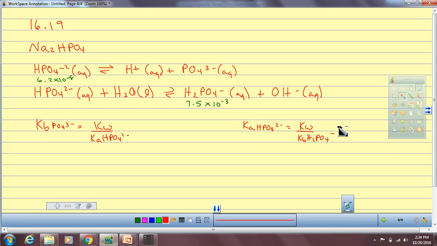So when we put our numbers in, Kb for PO4 is 1 times 10 to the negative 14 over 6.2 times 10 to the negative 8. And that gives us 1.61 times 10 to the negative 7.